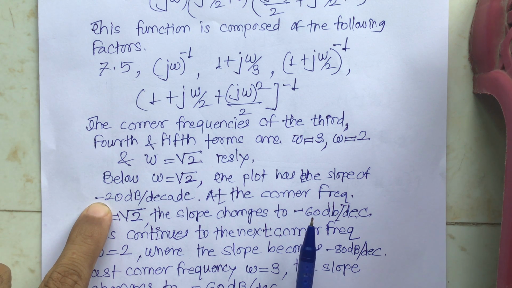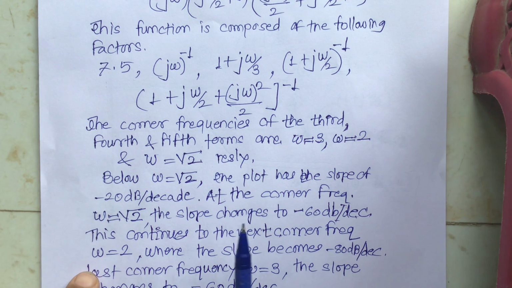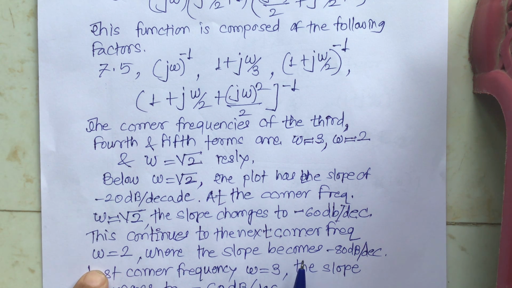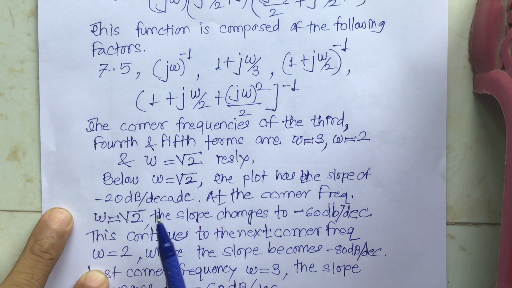This continues to the next corner frequency, omega equal to 2, where the slope becomes minus 20 plus minus 60, so the total will be minus 80 dB per decade.